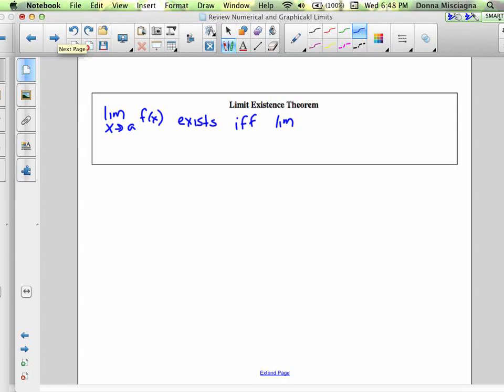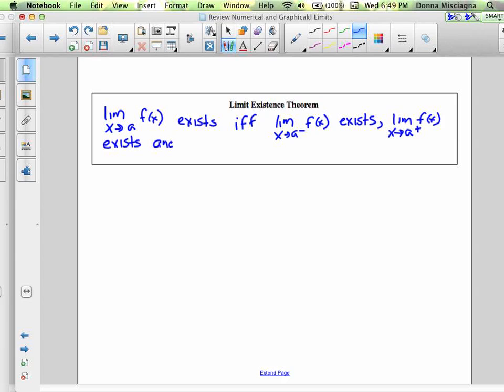the limit as x approaches a from the left exists. And this should be review. The limit as x approaches a from the right exists.